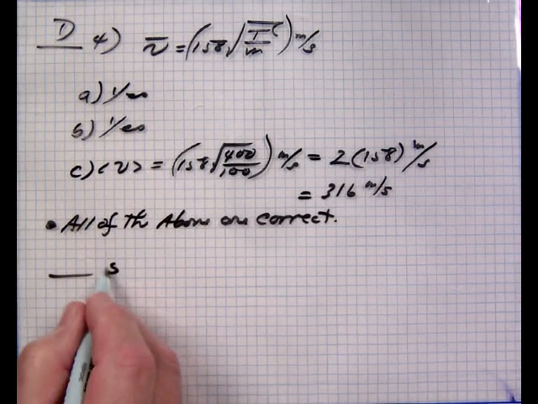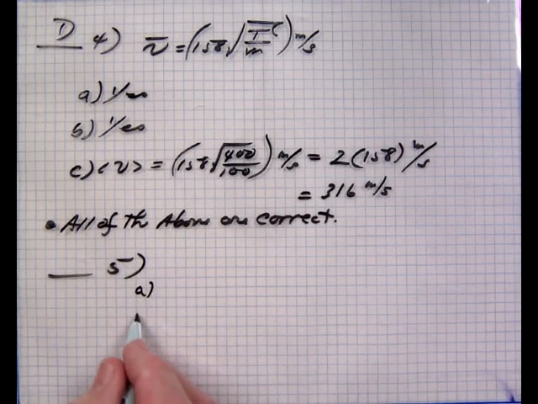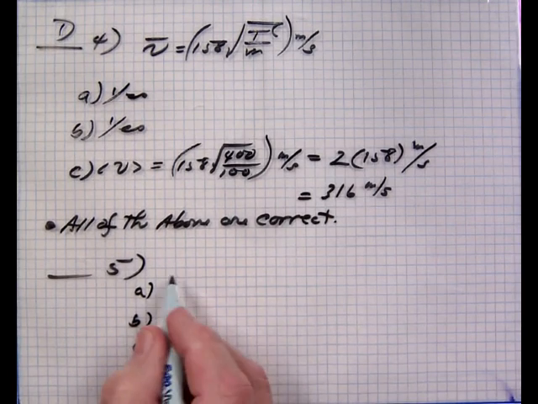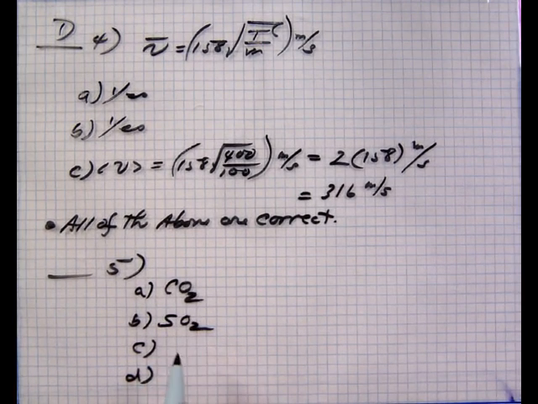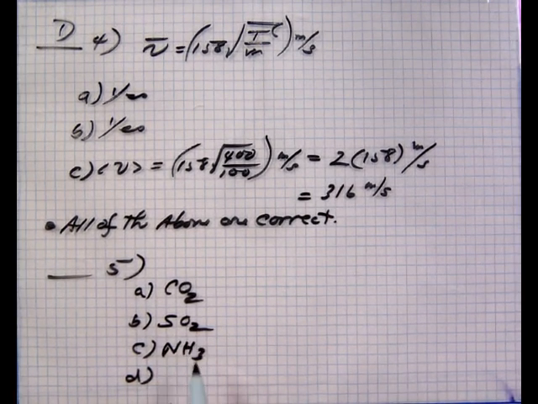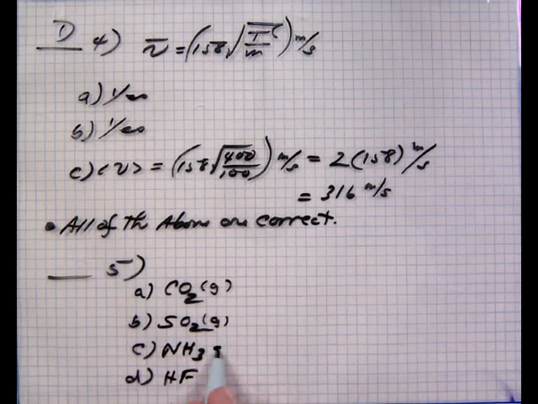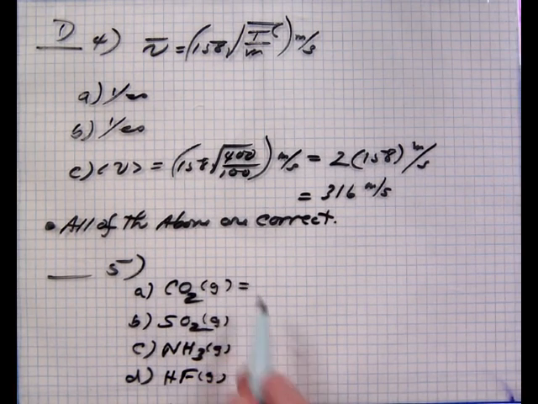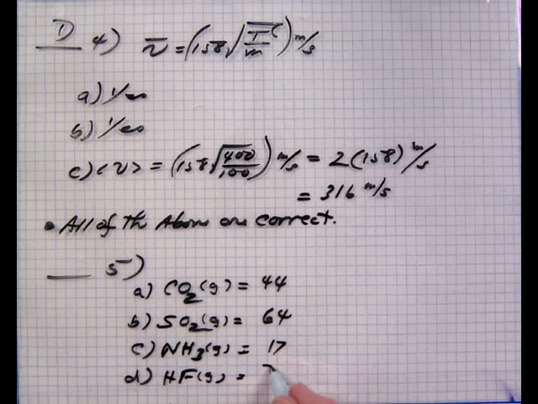And finally, for number 5, I gave you some compounds, A, B, C, D. I gave you CO2, SO2, ammonia, and hydrogen fluoride, and all of those are in the gas phase. Their formula weights are 44, 64, 17, and 20.